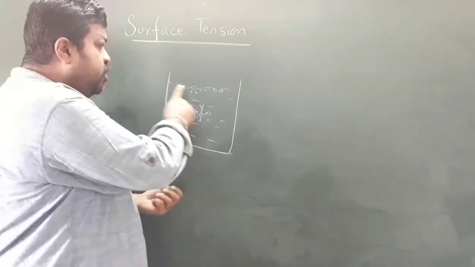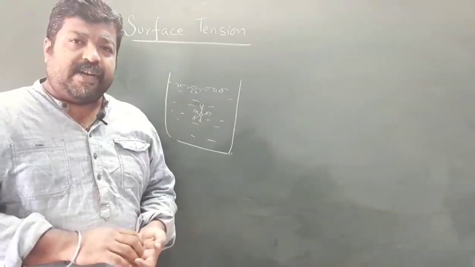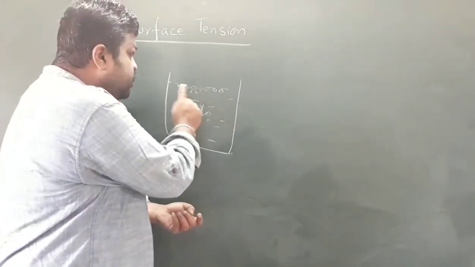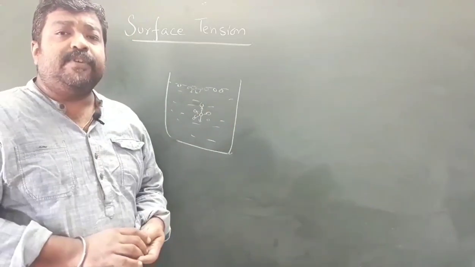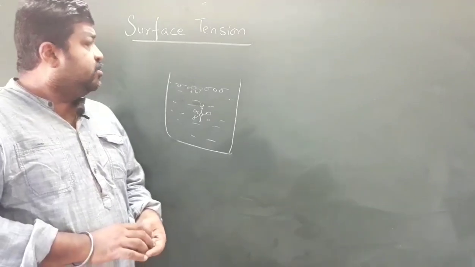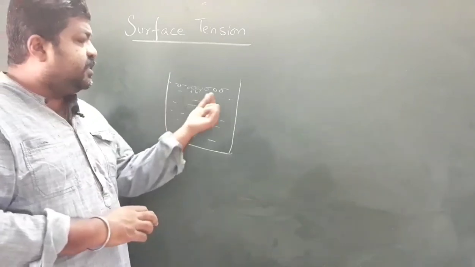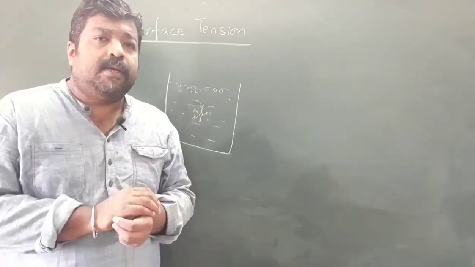So these molecules will have some extra energy, and later we'll see that this energy of the molecules of the surface is called surface energy. Now how does surface tension arise? Because of this excess energy, that we'll see now.